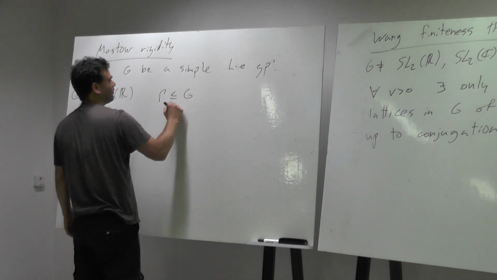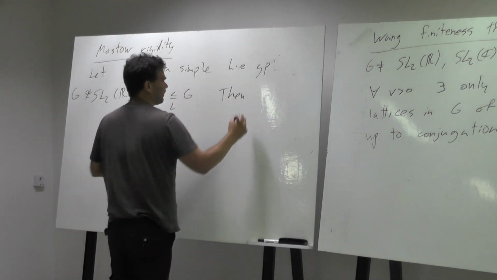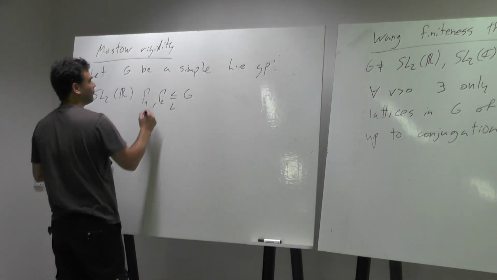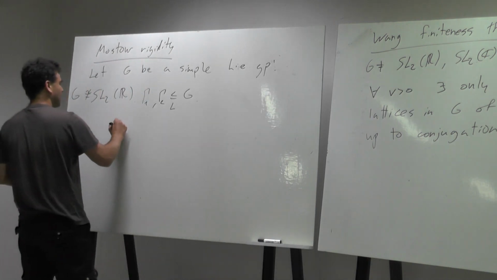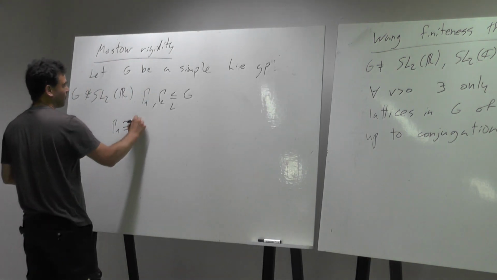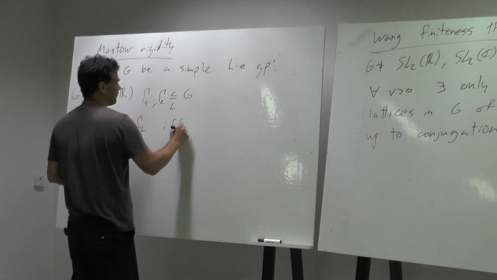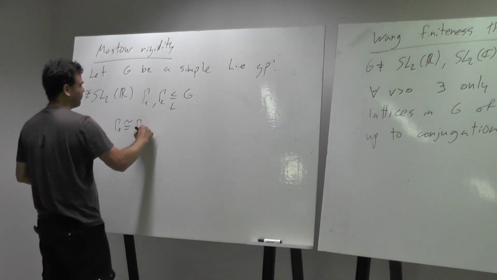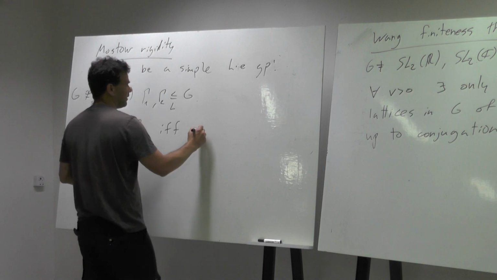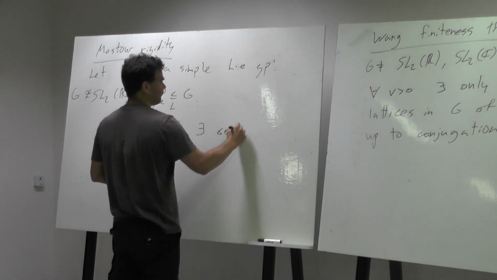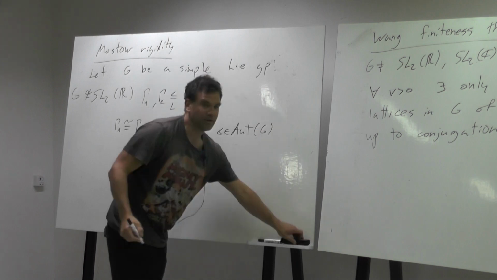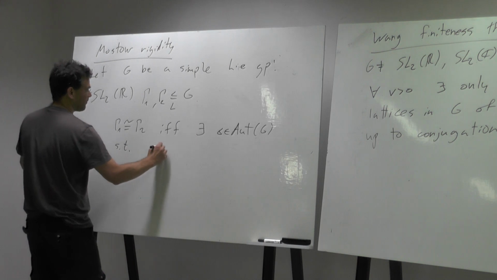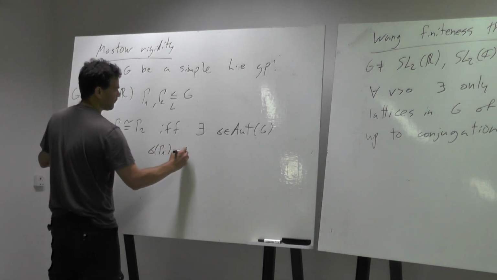Let gamma 1 and gamma 2 be lattices in G. Then gamma 1 is isomorphic to gamma 2 if and only if there is an automorphism sigma of G, which is basically an inner one, such that sigma of gamma 1 equals gamma 2.